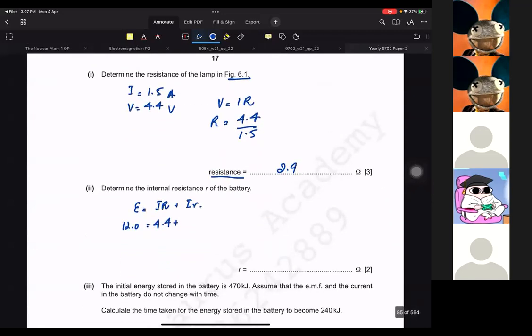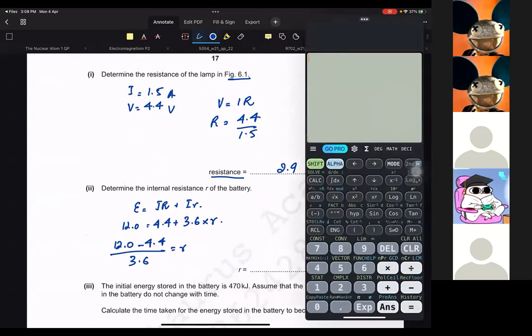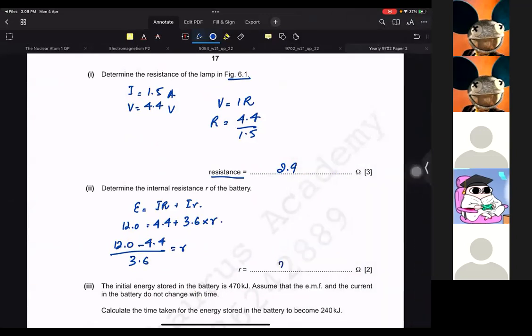So we write 3.6 times R. Now it will be 12.0 minus 4.4 divided by 3.6, and that is going to be R. Let me just use the calculator. 12 minus 4.4 divided by 3.6 is 2.1. So it should be 2.1 ohms, right?